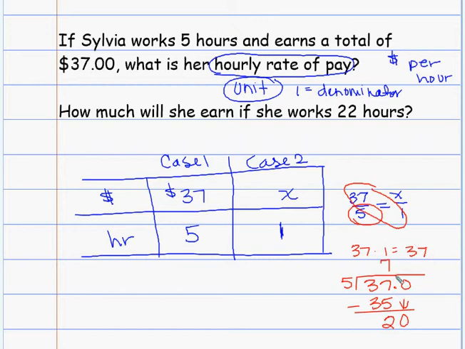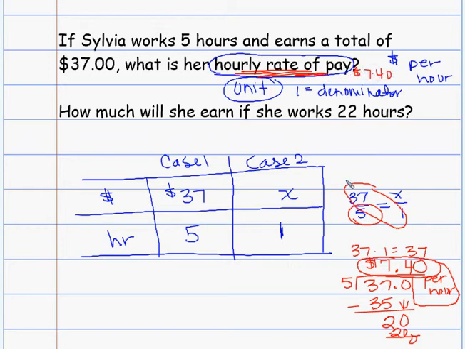Otherwise, hopefully this will terminate or end nicely for us. And 5 will go into 20 4 times. That's even, but I do need that extra 0 there because she makes $7.40 per hour. $7.40 per hour. That's her hourly rate of pay.